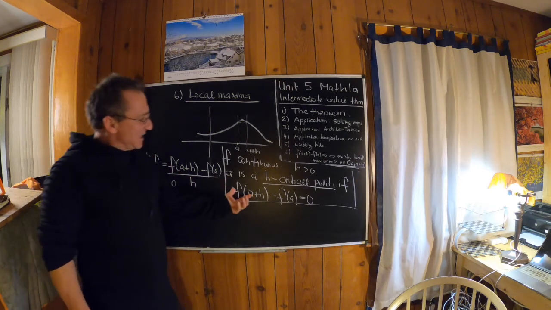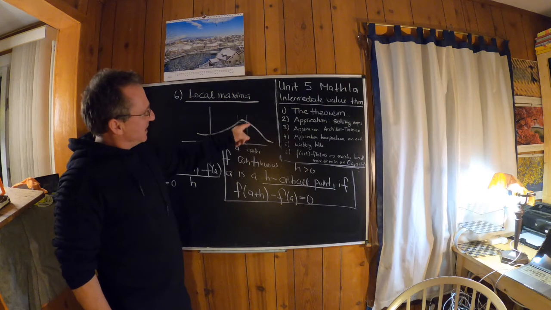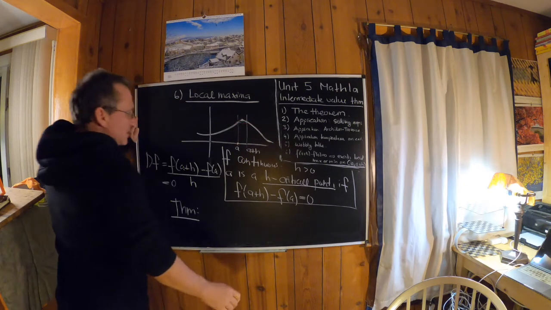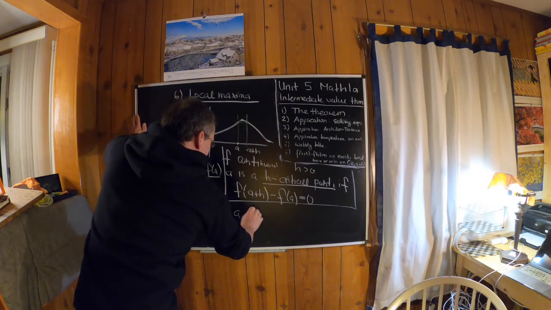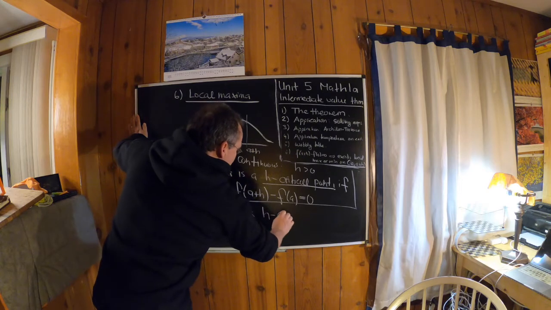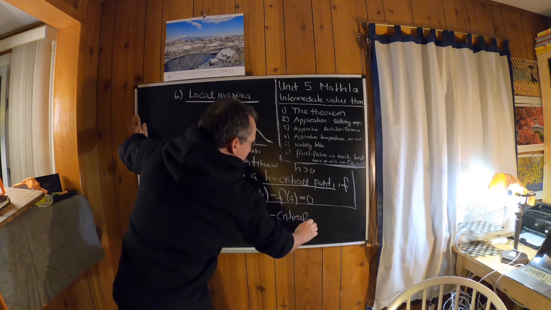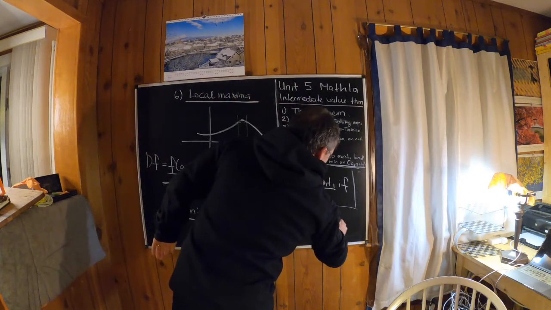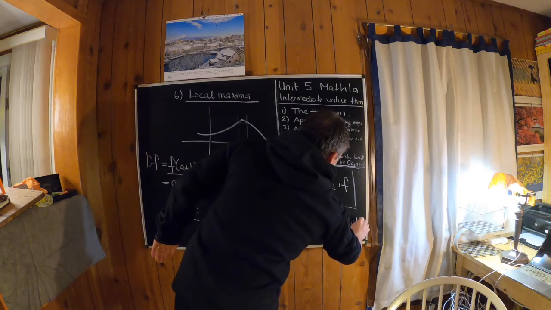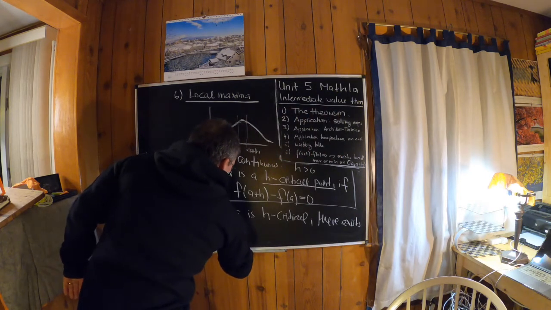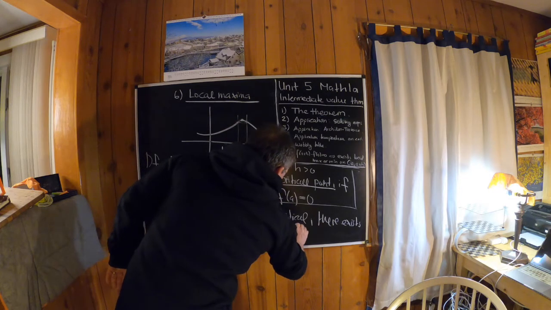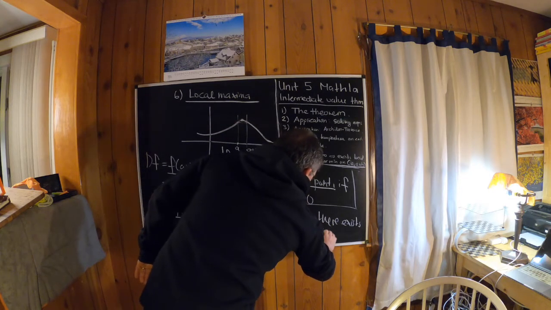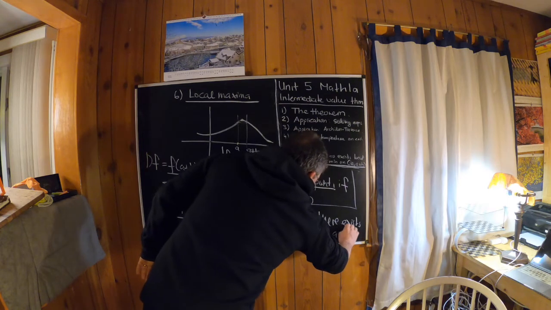So what it means is that f of a plus h, the height here, is the same as f of a. So if a is an h critical point, there exists a local max or min on the interval a to a plus h.